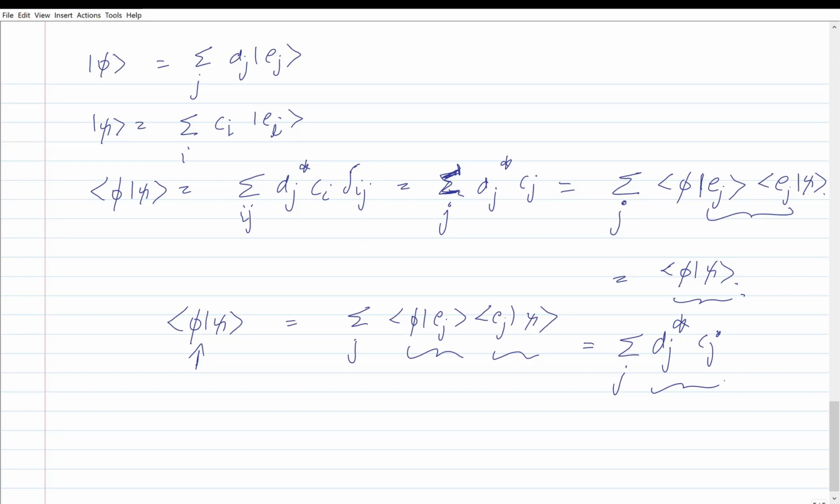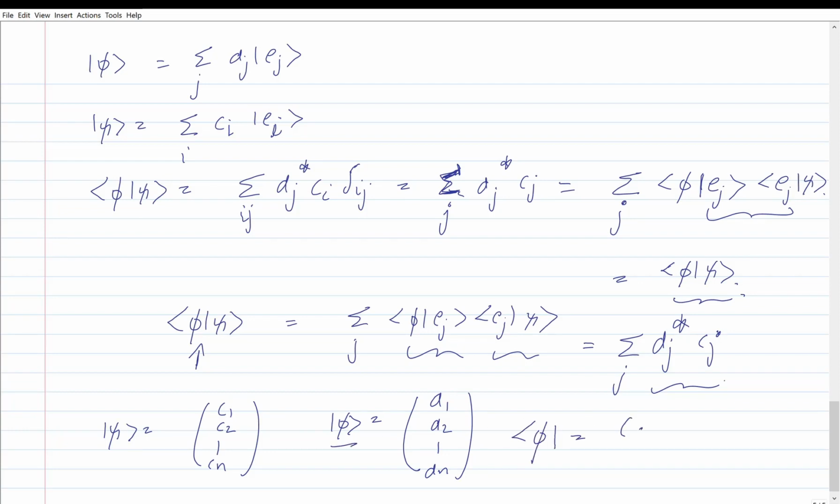Yeah, so we've already done with representation. I represent the ket as a column of coefficients, and I'll represent the other vector as d1, d2, and so on. Now, the bra corresponding to the ket over here is just the row vector, complex conjugated.